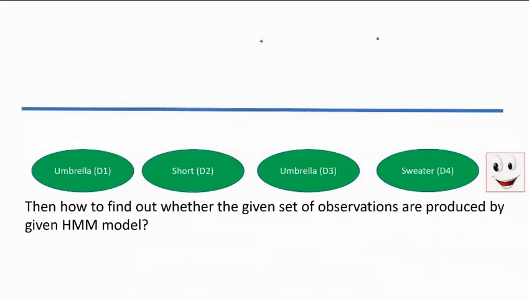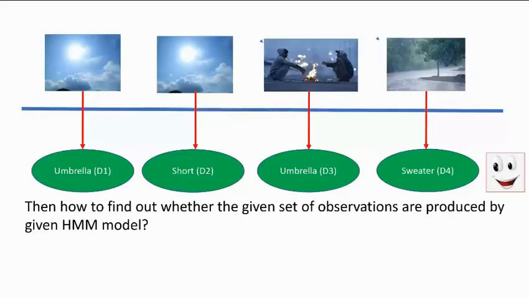I can have, say, sunny, sunny, rainy, cold and rainy. So like this I can have any sort of combination, but I have observed only this thing.